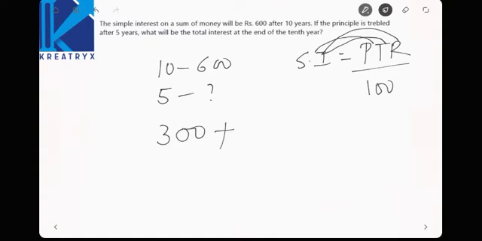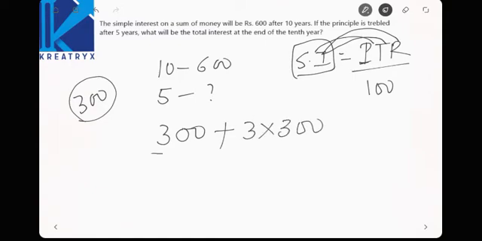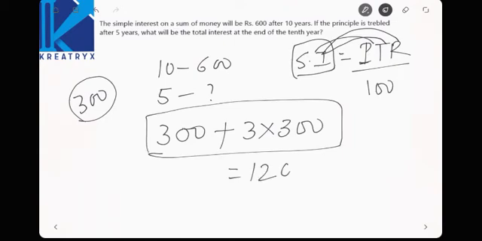Normally for 5 years it is 300, and for the next 5 years the interest will also be 300. Now if the principal is trebled, then simple interest will also be trebled. Now this 300 will become how much? 3 into 300, so 900. Totally, 900 plus 300 will be equal to 1200. Observe the things what I am saying. Okay.